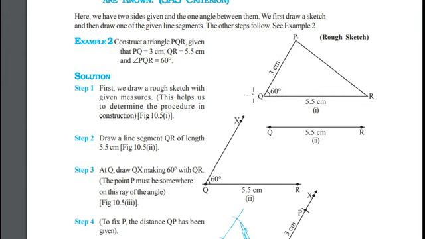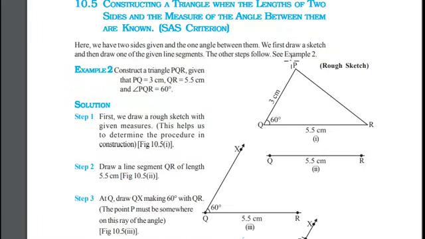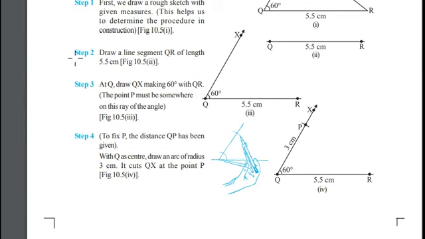Angle PQR is 60 degree. So this is our first step, that is making a rough sketch. This will be very helpful while constructing the triangle. Coming to the step 2, draw a line segment QR of length 5.5 cm.